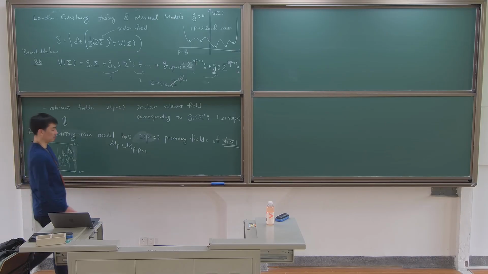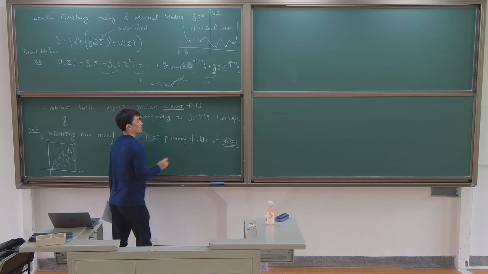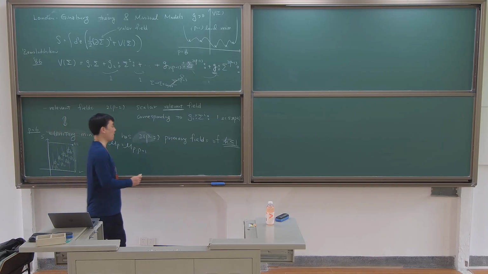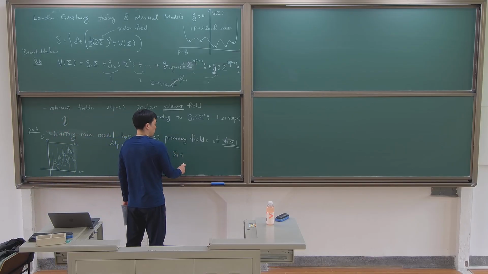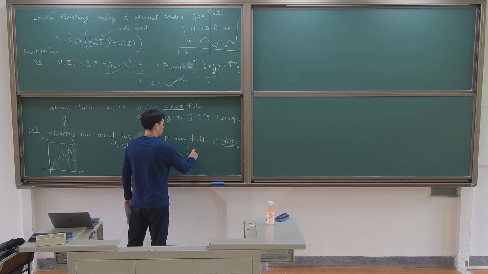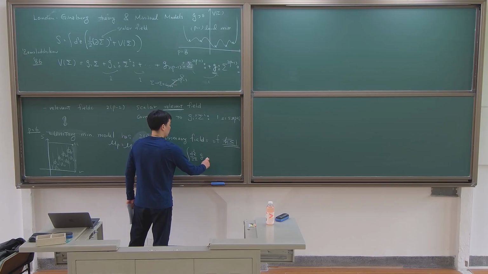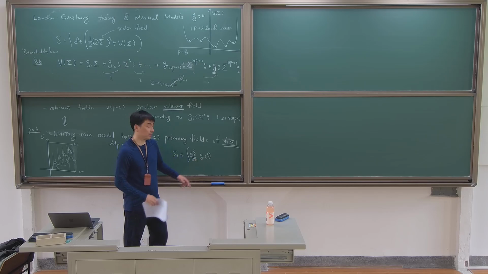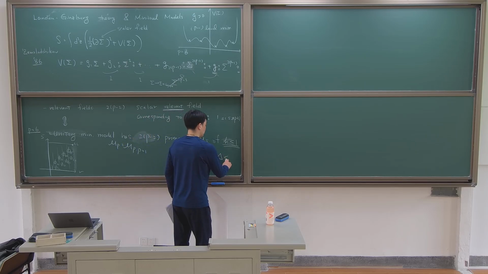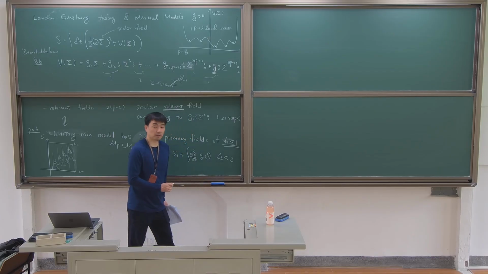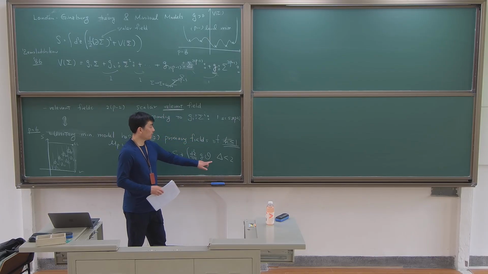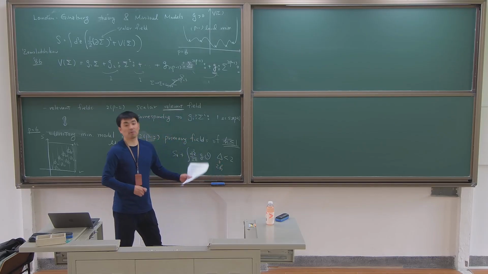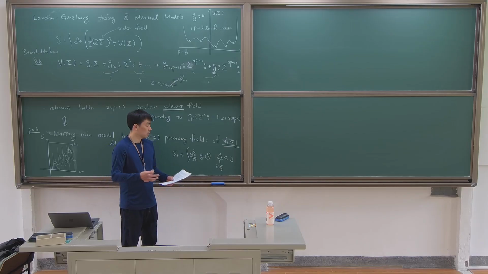The important thing is that this is relevant. In two dimensions, when you have an action and deform it by g times an operator O, for a relevant deformation this operator O has to have conformal dimension less than 2. And this dimension is 2 times h, because of the holomorphic and antiholomorphic parts.